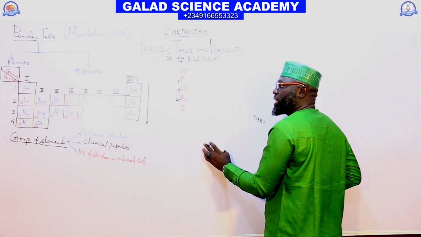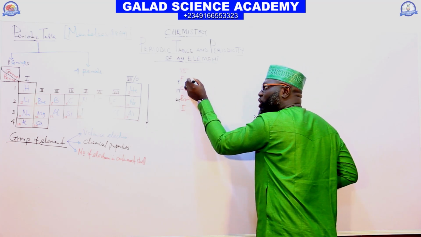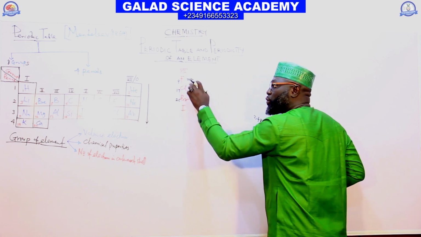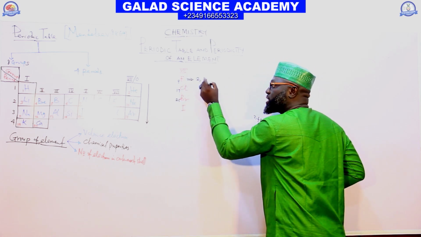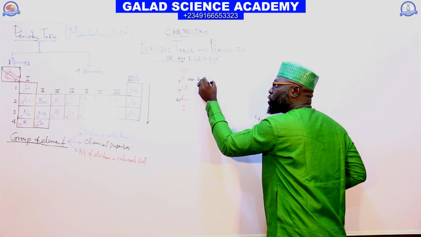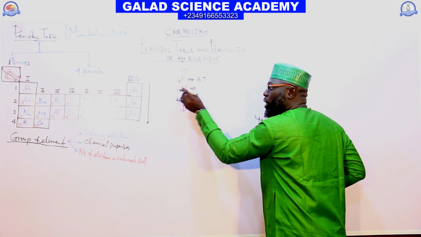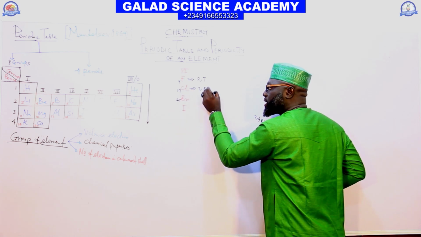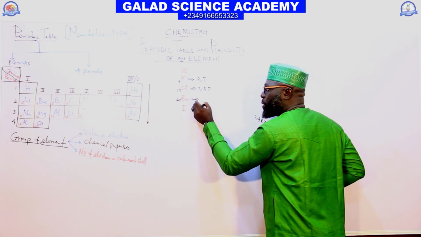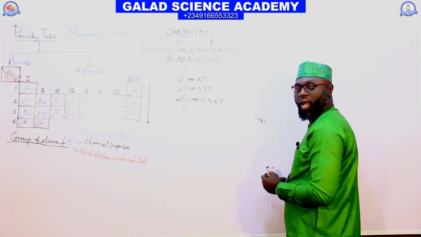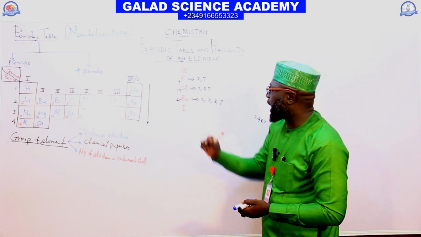Let me just take these three. So the electronic configuration for fluorine, sorry, fluorine is 9, so 2, 7. In chlorine, what do we have? 2, 8, 7. Bromine, what do we have? 2, 8, 8, 7. Now, let us leave iodine.